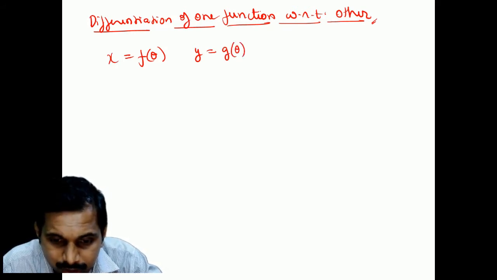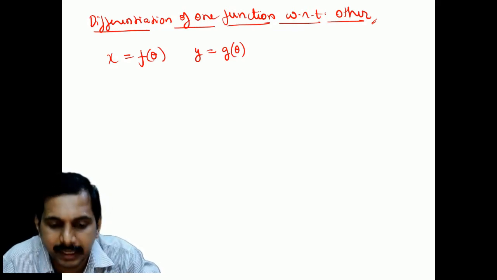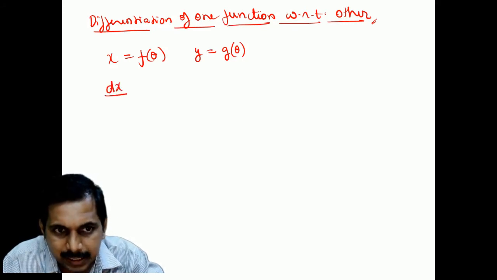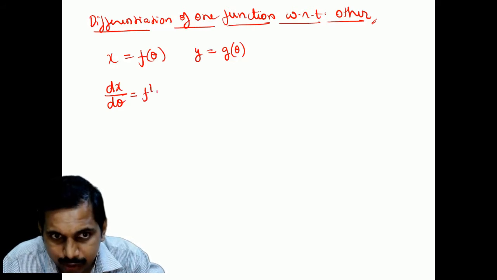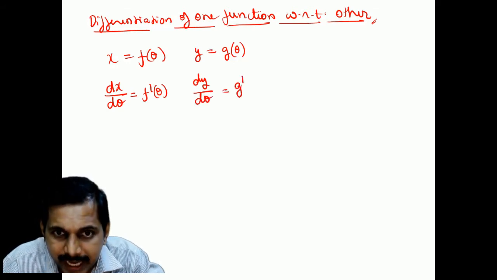Now if you want to find dy by dx or dx by dy, how to do it? We write dx by d theta equal to f dash of theta, and dy by d theta equal to g dash of theta.